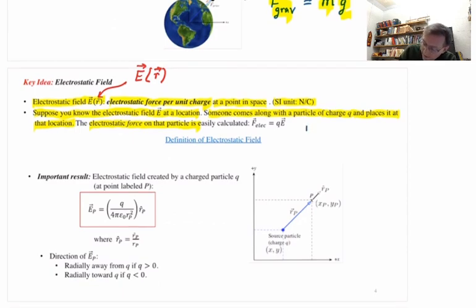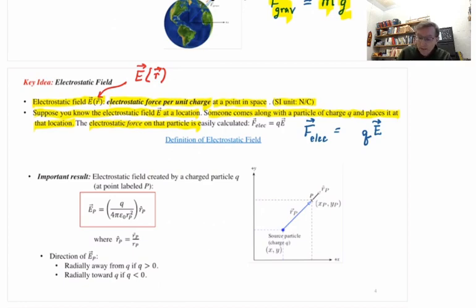And I just used the fact that at the location in space, I already know what the electrostatic field is, E, and the meaning of E, electrostatic field, as electrostatic force per unit charge. So I take E and I multiply it by the charge Q of that pet particle that the person put there. E in newtons per coulomb times Q in coulombs gives you newtons force.